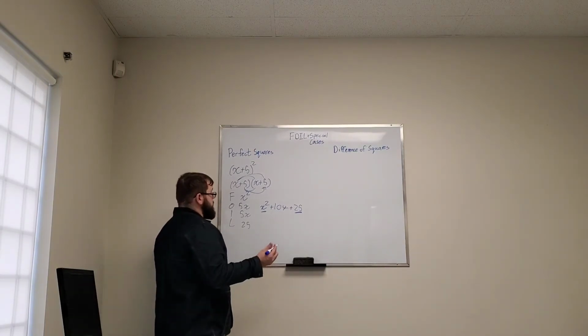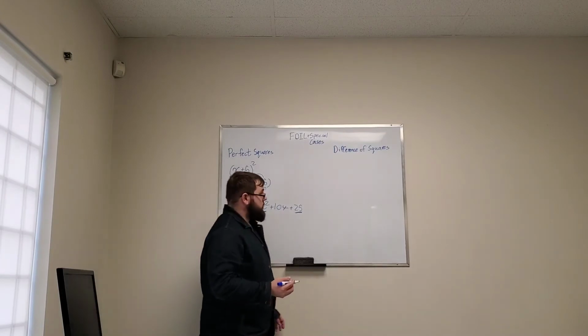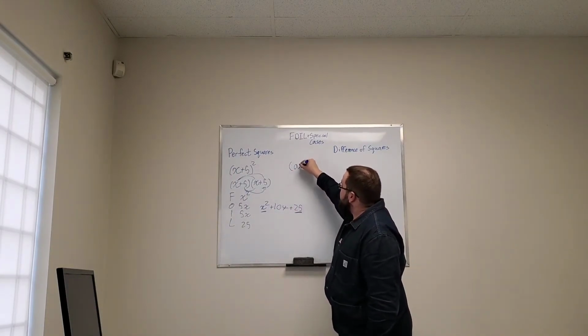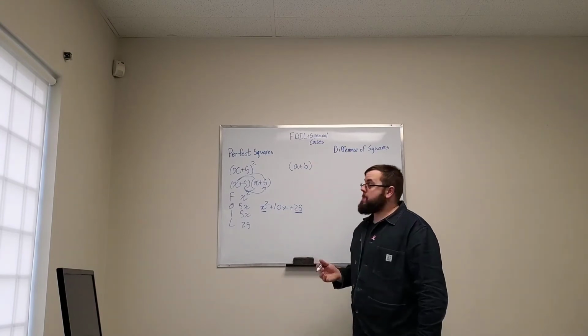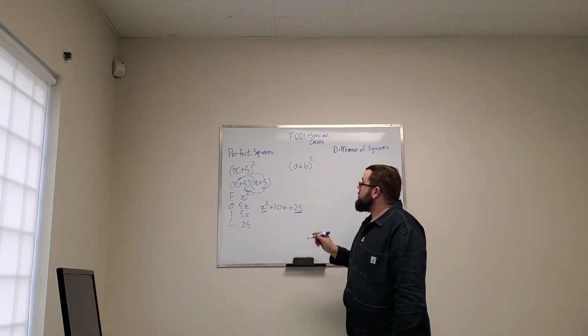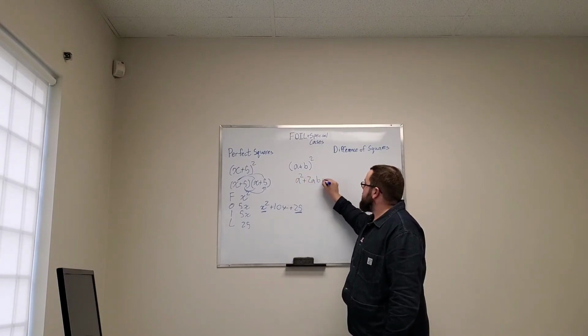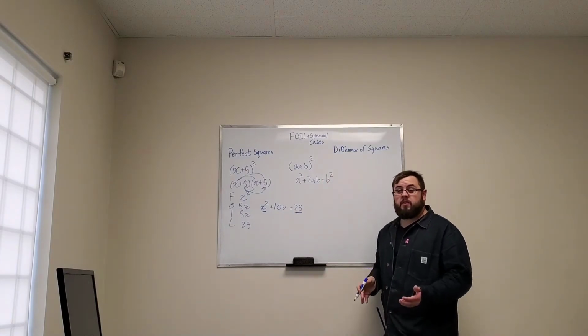So we can actually do a little bit of a shortcut here, where if we have a perfect square, a plus b, whatever they are, squared, is the same as saying a squared plus 2ab plus b squared. Okay, so it's a little bit of a shortcut.